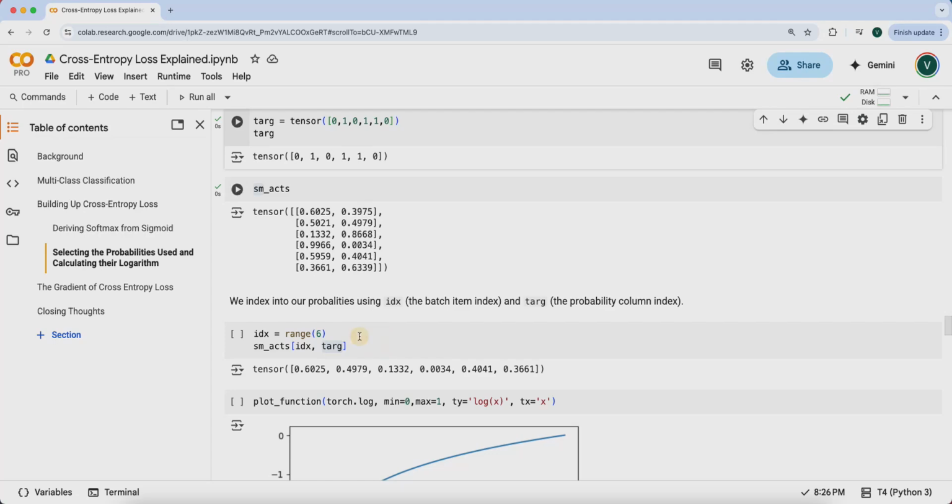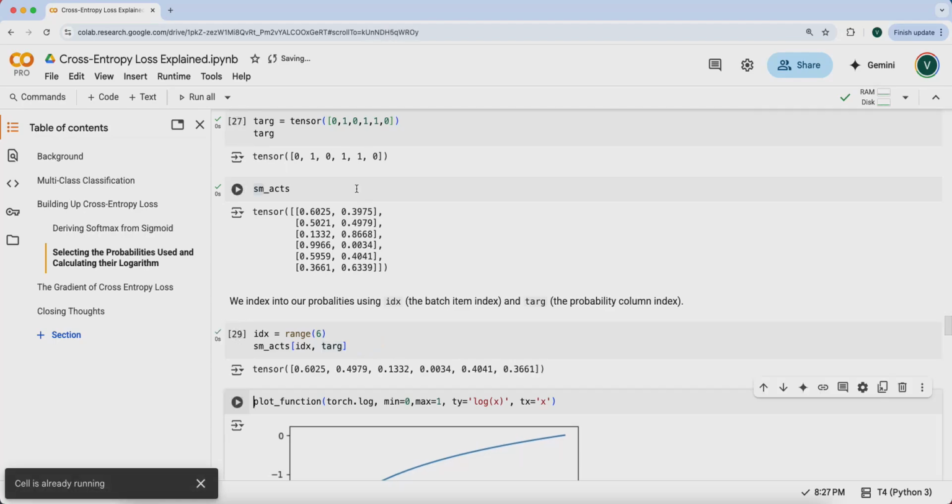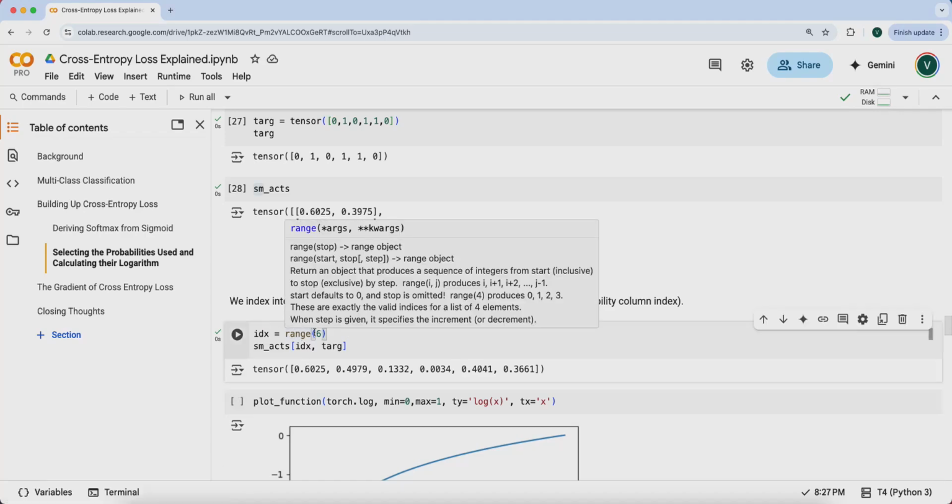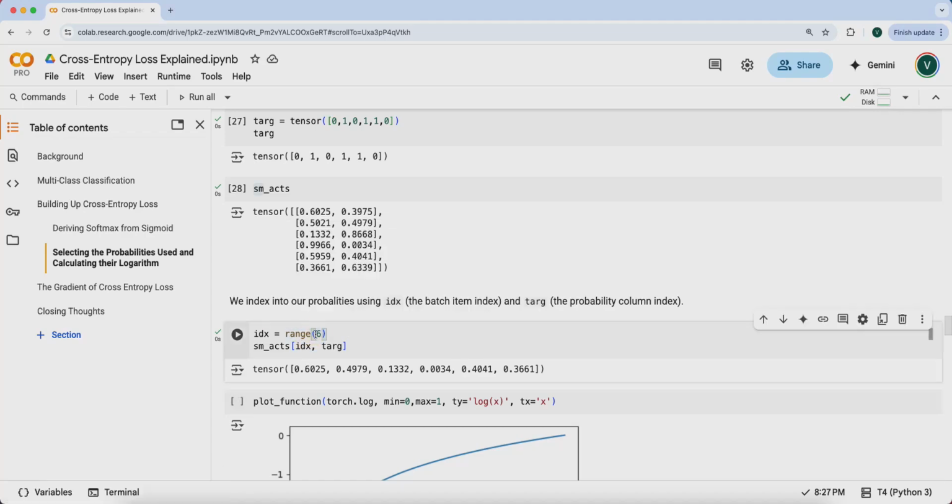So if we look at this, our index goes from 0 to 5. Index 0 is our first row. The first target is column 0, so our first selected probability is 0.6025.